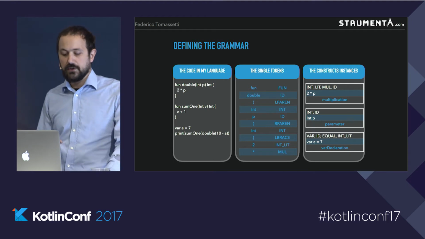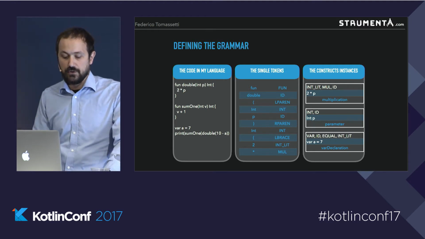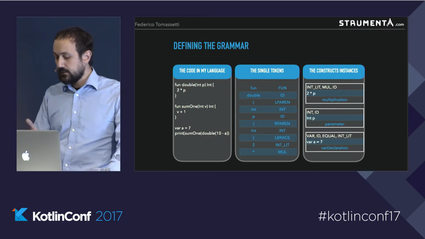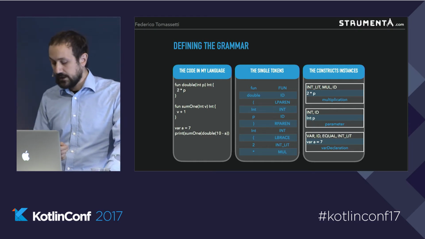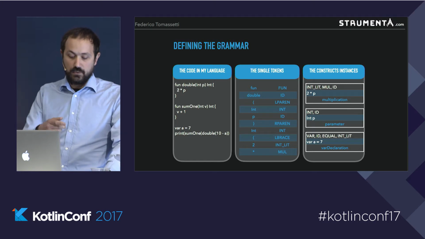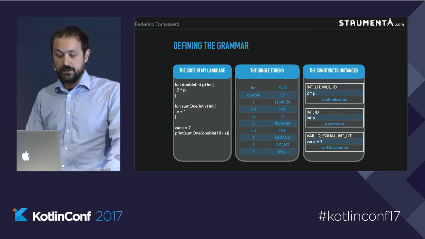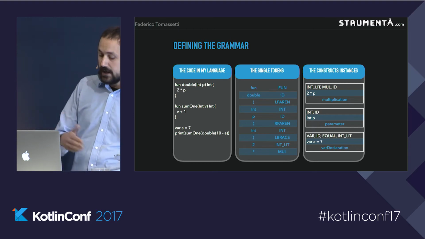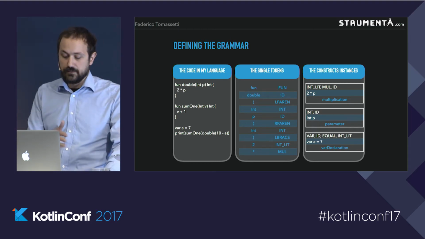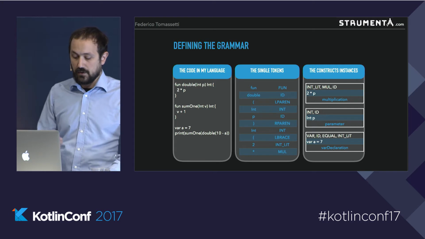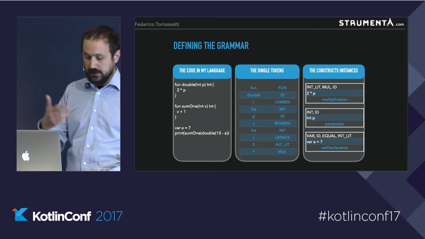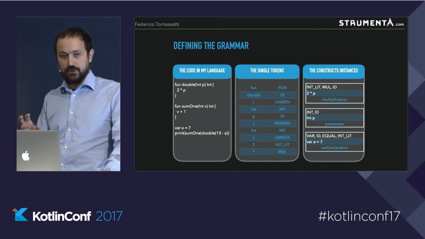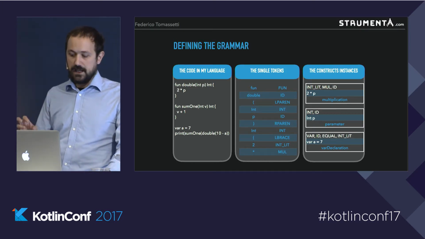So we are going to recognize the role of each single element present in the code and attribute a role to it. For example, I can recognize that the word fun corresponds to a keyword. The double is an identifier. I can recognize left parentheses and right parentheses, left braces and right braces, or the number 2 is an integer literal, and so on.